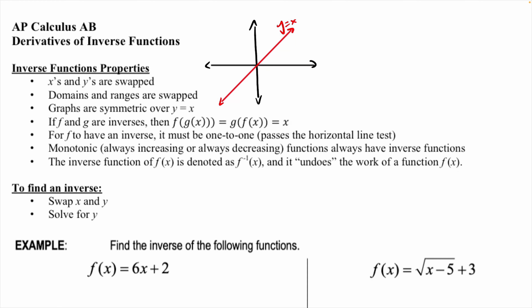So for a function to have an inverse, it has to be 1 to 1. So 1 to 1 means, you guys remember in Math 1, they teach you about the vertical line test to see if it's a function. You run it over, and if you hit the pencil in more than one spot, it's not a function.